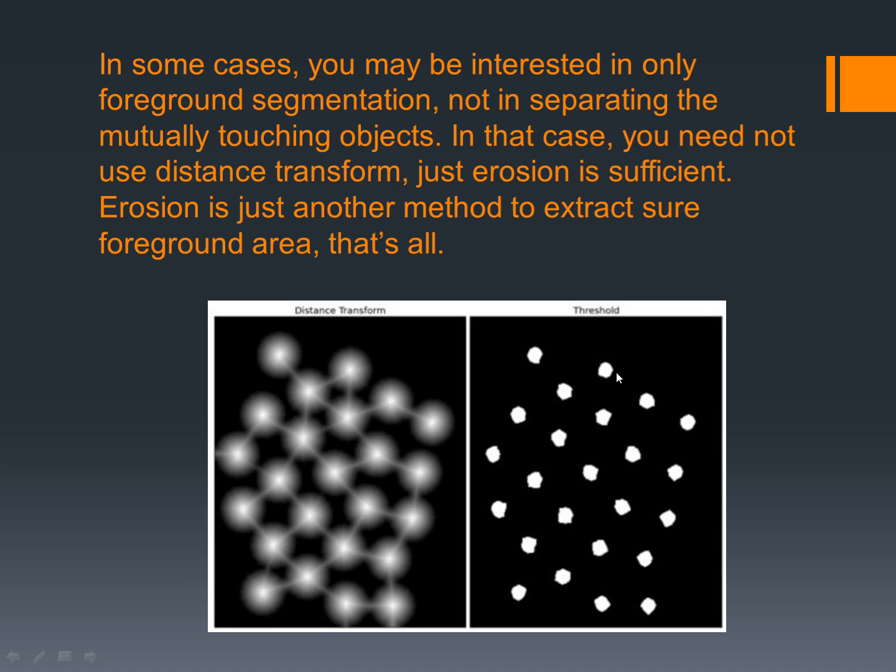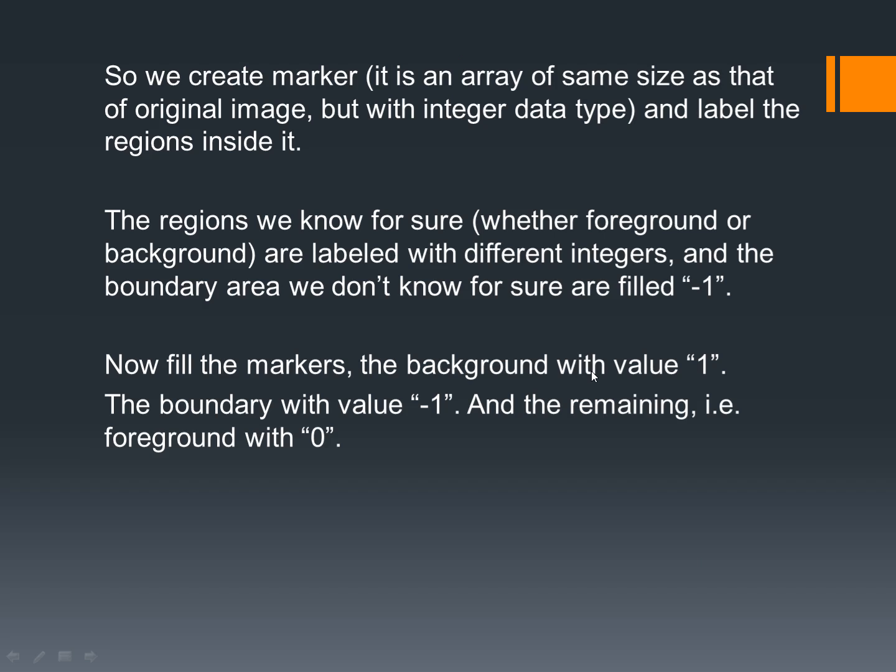If we subtract this foreground from the background, we get this unknown region. Now on the background we apply the value 1, on the boundary we apply the value -1, and on the remaining foreground we apply the value 0. These are nothing but the markers.